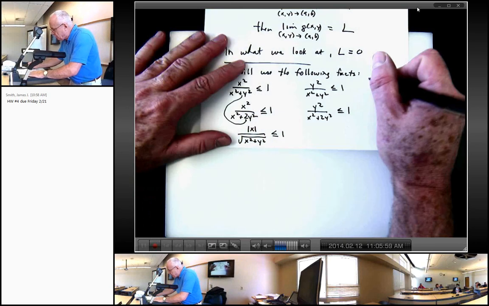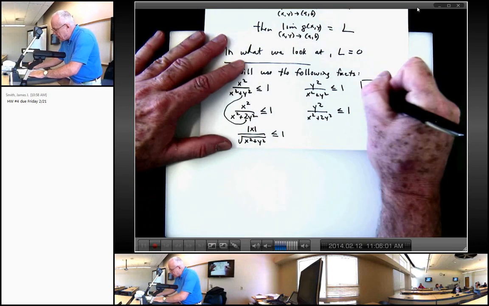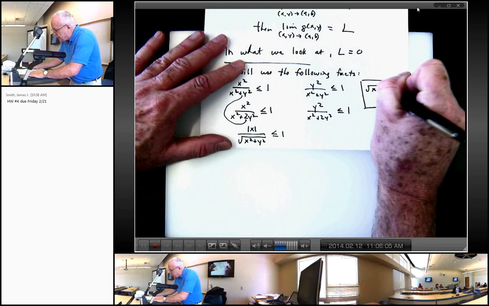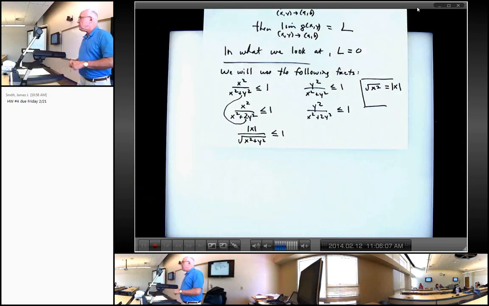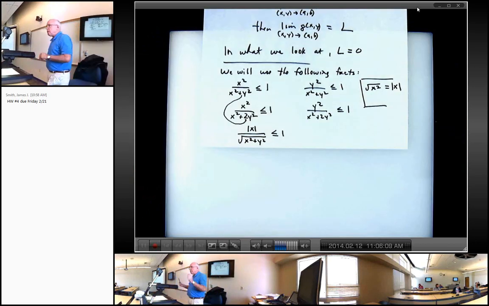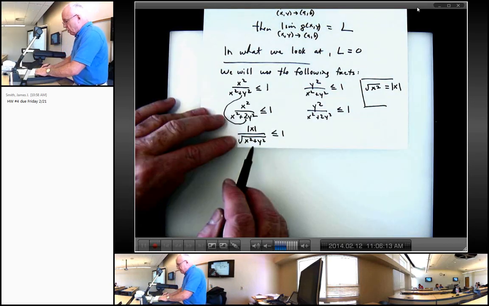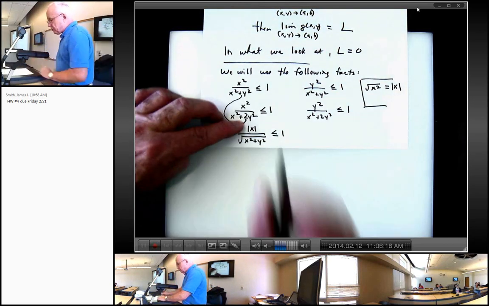Remember from algebra that the square root of x squared is equal to the absolute value of x. Does that ring a bell? So this denominator is always bigger than the numerator.